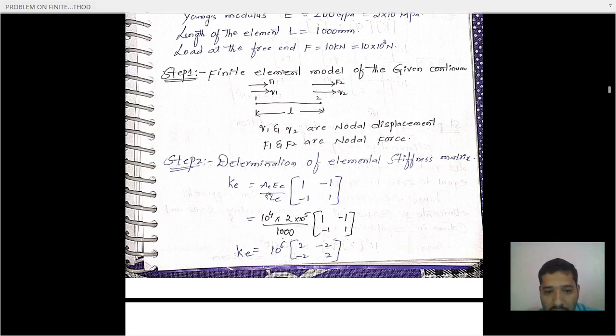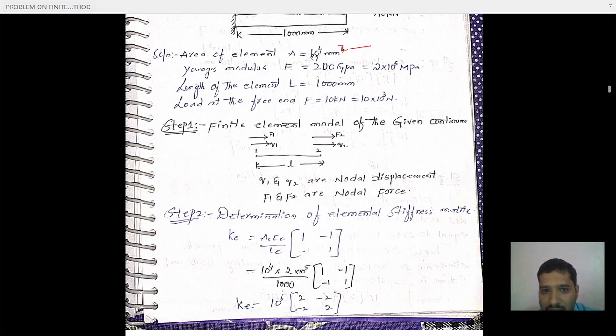Ae is the area of the cantilever beam, given as 10 power of 4. E is the modulus of elasticity, given as 2 into 10 power of 5, divided by the total length, 1000 mm, times [1 -1; -1 1] as it is.